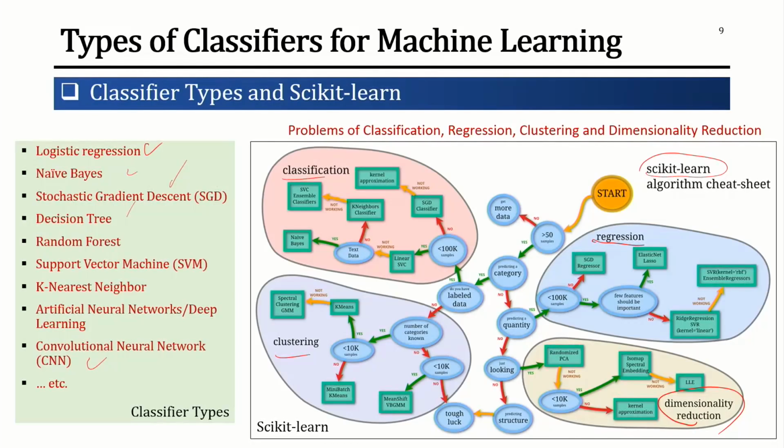So from these pictures, I will briefly describe this. In case the input data is not more than 50, we need to retrieve more data because it's not enough in a machine learning problem. It requires a huge amount of data.